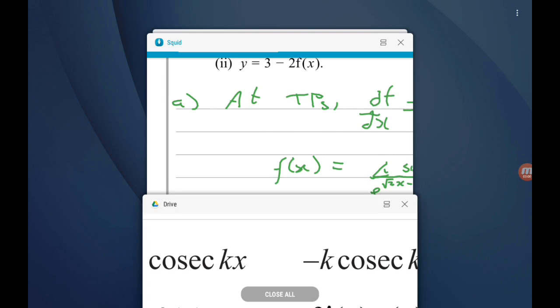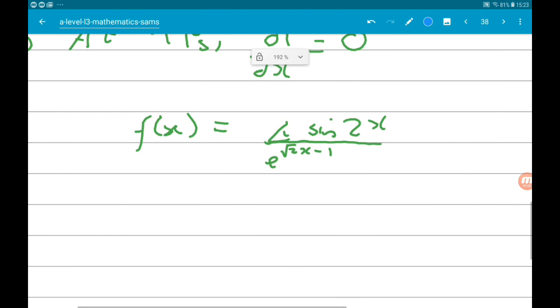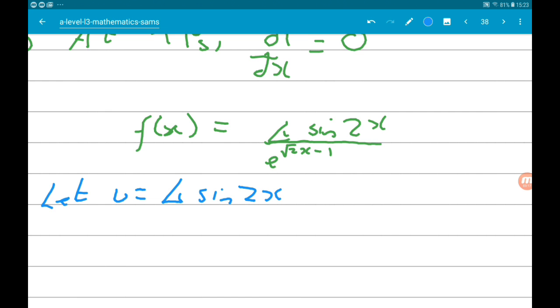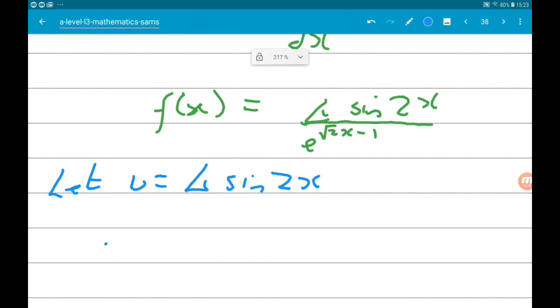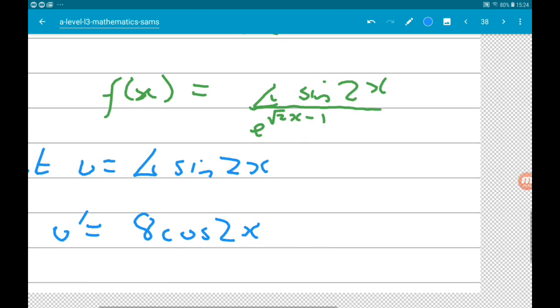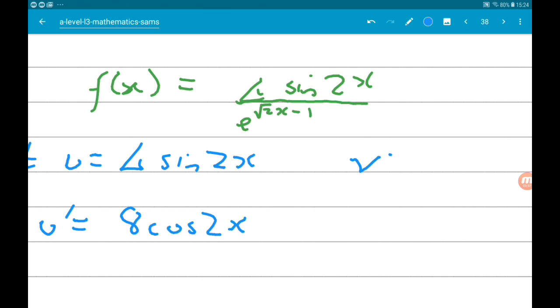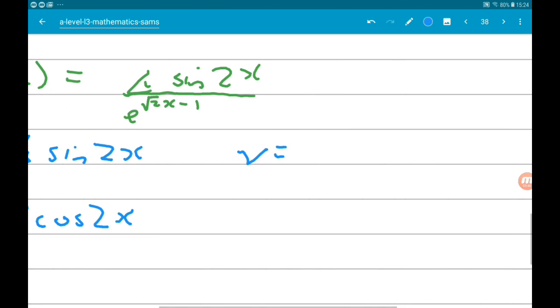So we're going to say that u equals 4 sine 2x, and then u dashed is equal to 8 cos 2x, and then v is e to the root 2x minus 1.